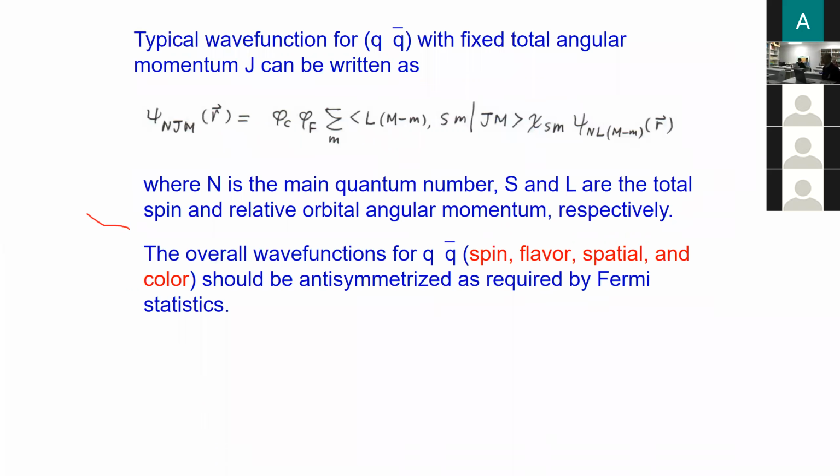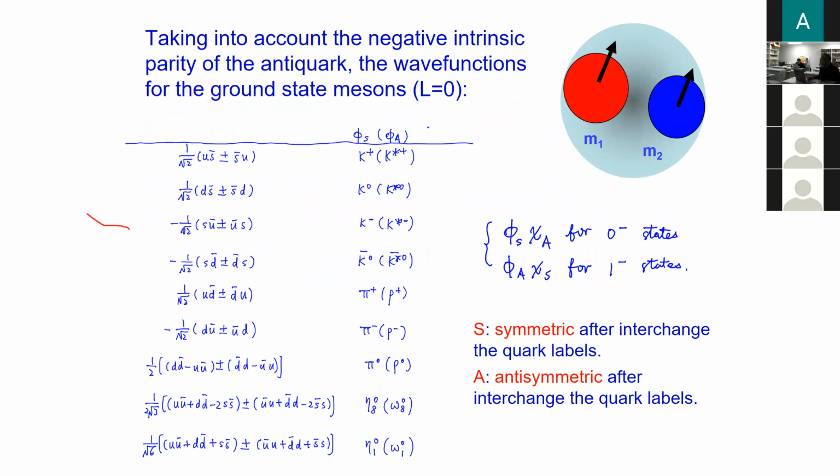Now if we talk about the overall wave function, then we can always organize the spin and orbital angular momentum to form the total angular momentum by momentum coupling, and the flavor wave function and the color wave function can be combined to give a total wave function. So that's basically the picture of what we have learned about the non-relativistic quark model, and the system must be anti-symmetrized because they are fermion systems.